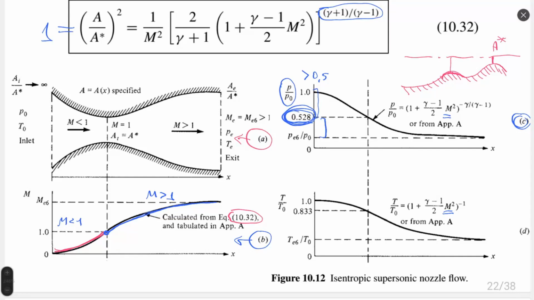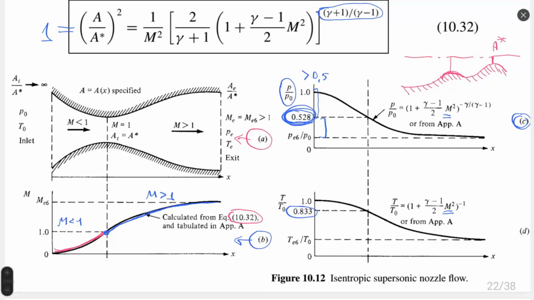For temperatures, we know that the change is not so fast, not so abrupt, and it's approximately 83.3% ratio of temperature with respect to stagnation temperature. So in the subsonic part of the nozzle, temperature stays almost constant and equal to stagnation temperature, and then in the supersonic section it can reduce significantly.